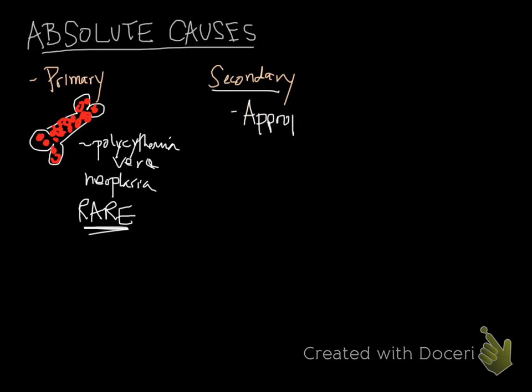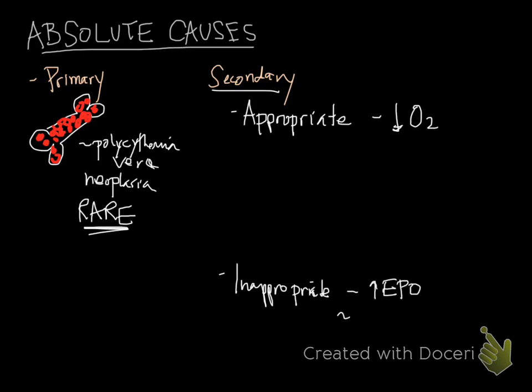And appropriate causes mean that your body is making more red cells in response to a decrease in oxygen, whereas inappropriate would be that it's making more red cells in response to an increase in erythropoietin that's very uncommon, due to something like an erythropoietin-secreting neoplasia. So we're going to put parentheses around that because we're going to mostly ignore it.